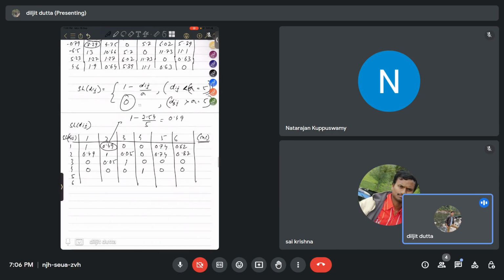Now next for the fifth row, again 1.27. For that we already calculated 0.74, 0.74. Now for 6.02 it will be 0, 11.73 is 0, 1 for 0, and 6.63 we will have 0.87.